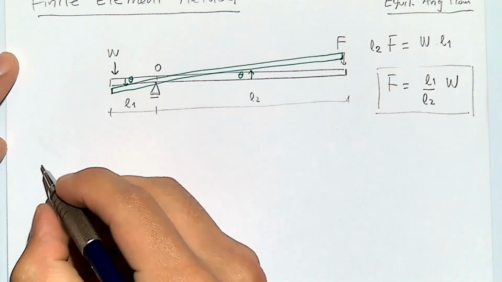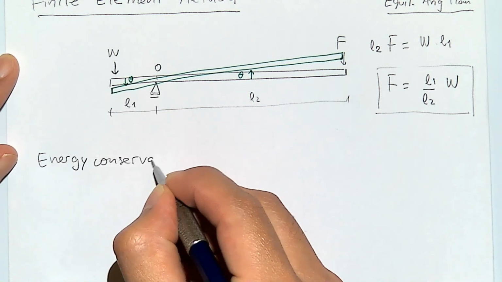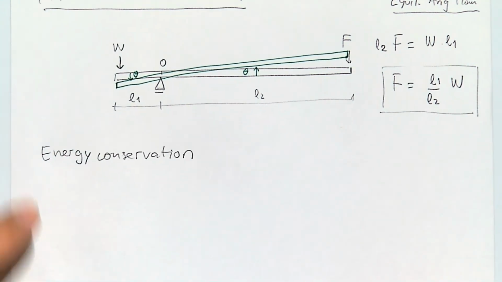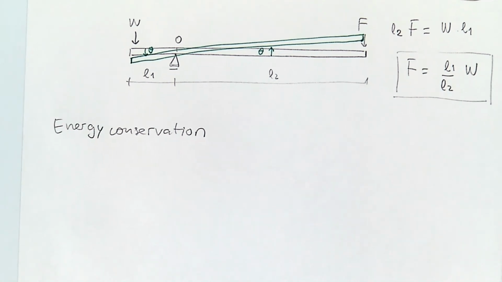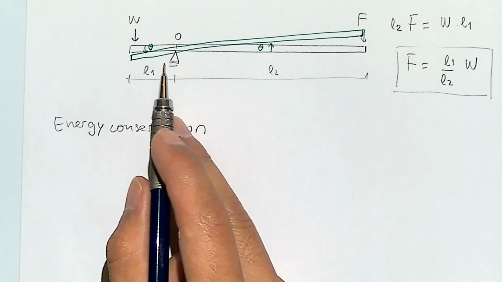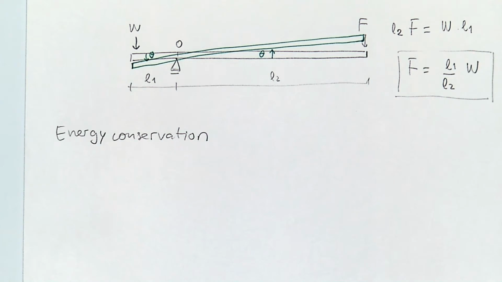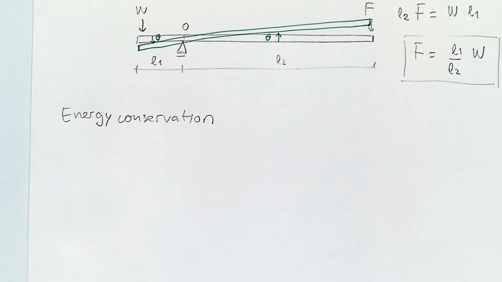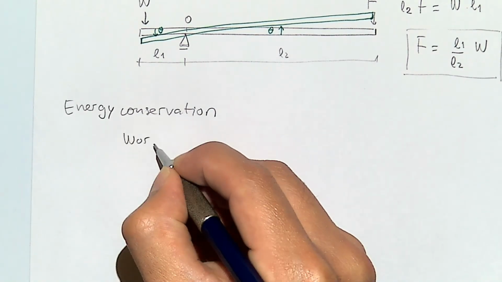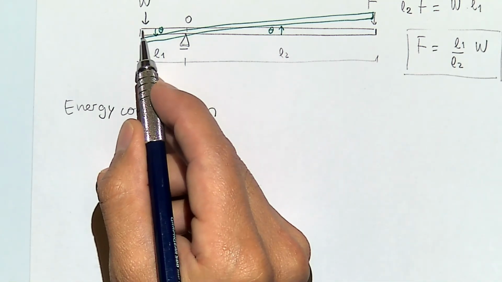By energy conservation, if this is under equilibrium, what is going to be the work done by the force W? Remember, work is force times distance. What is the distance that W went down?